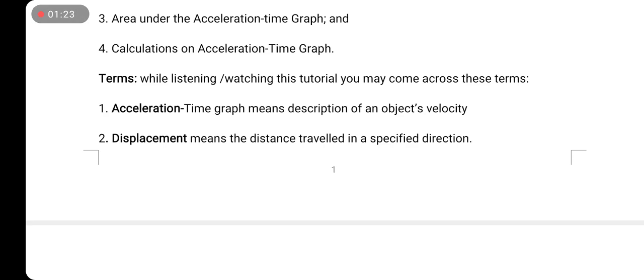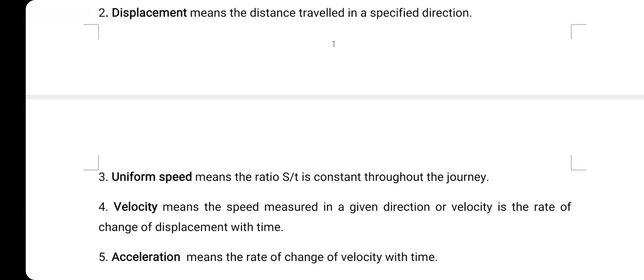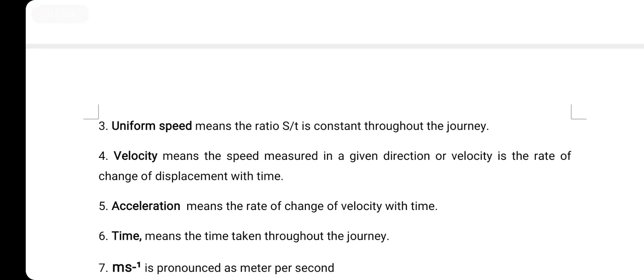Number 1, acceleration, which is the rate of change of velocity with time, or description of an object's velocity. 2. Displacement, which means the distance traveled in a specified direction. 3.